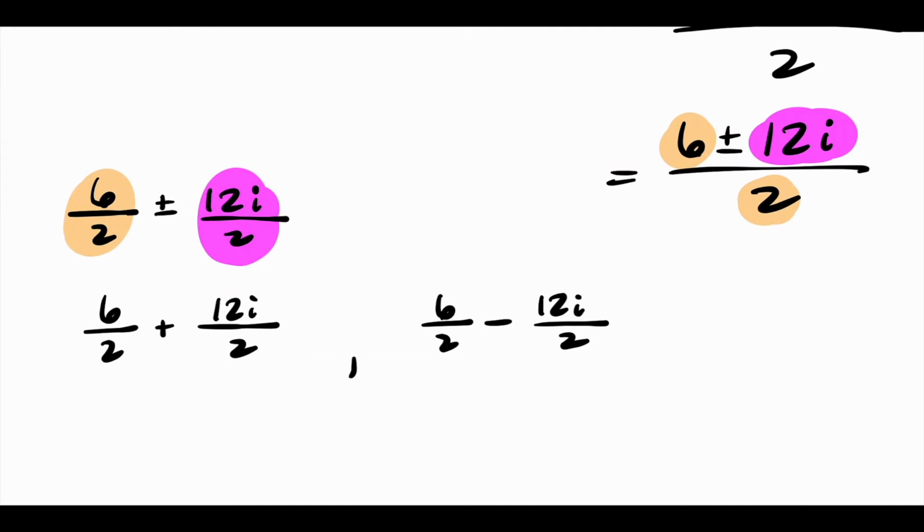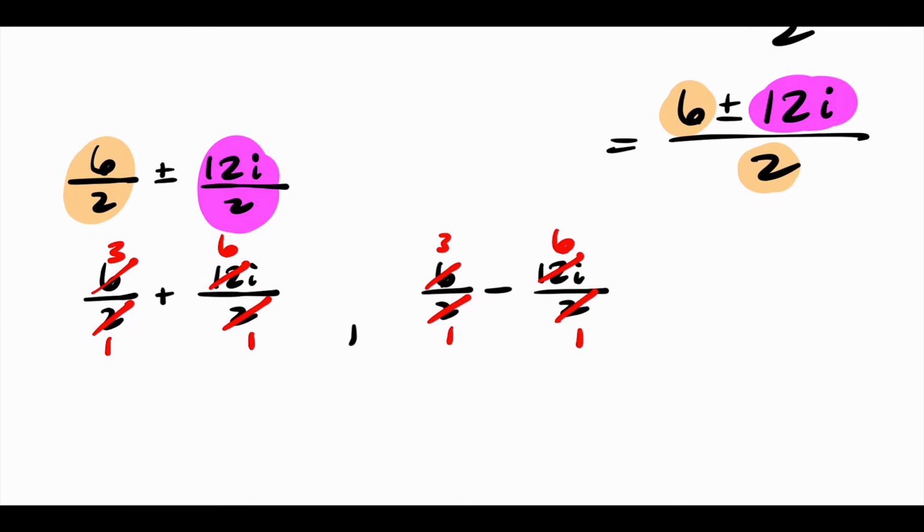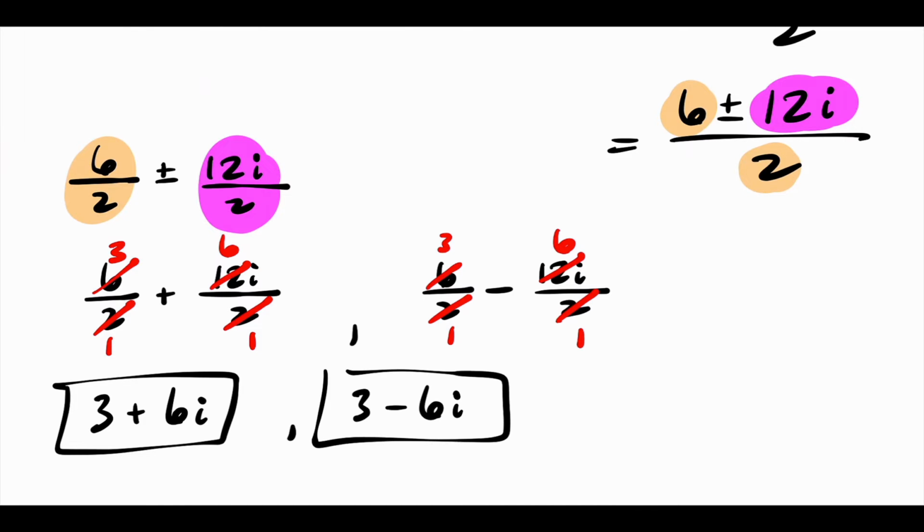Last thing, if you can, reduce, always reduce your fractions. 2 goes into 6 three times, 2 goes into 2 one time, so I have 3. Same thing over here: 2 goes into 12 six times, 2 goes into 2 one time. So I really just have 3 plus 6i as one of my answers, and 3 minus 6i as my other answer.